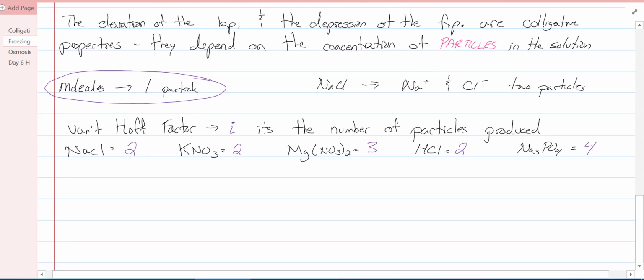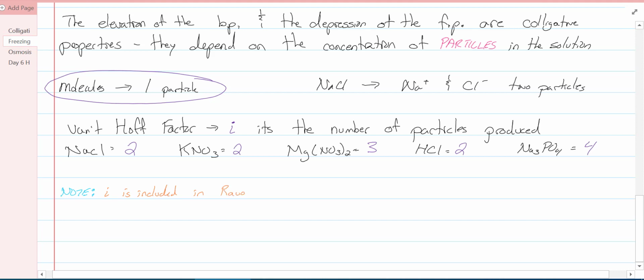Okay. Now you can actually measure it, and maybe it's like 1.2 or 1.1. There's an actual and theoretical. I expect you to only know the theoreticals. The actuals would either be told to you, or you solve for i. And a little note here: i is included in Raoult's law also.